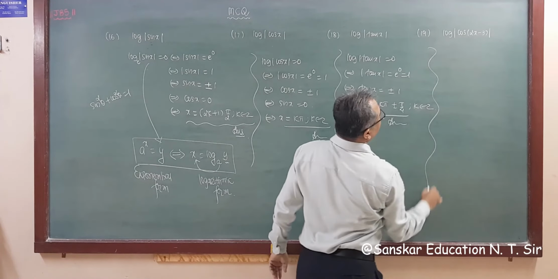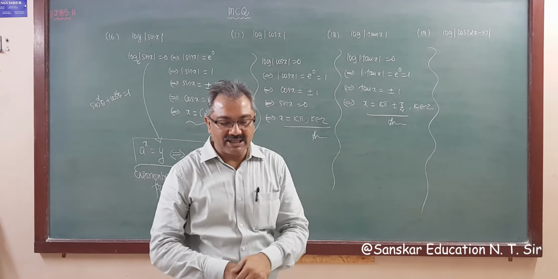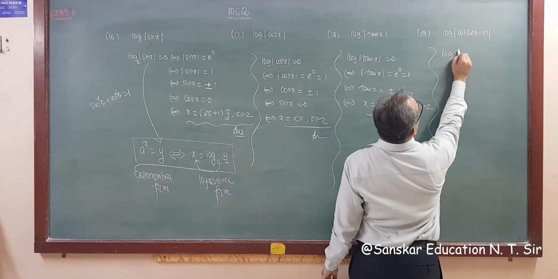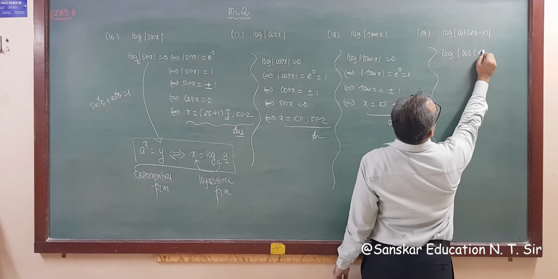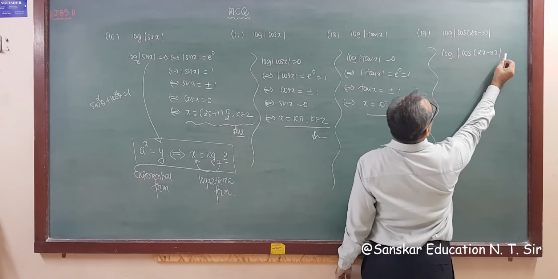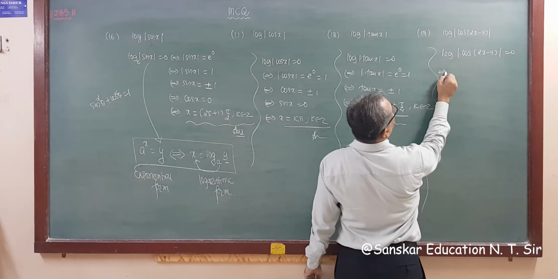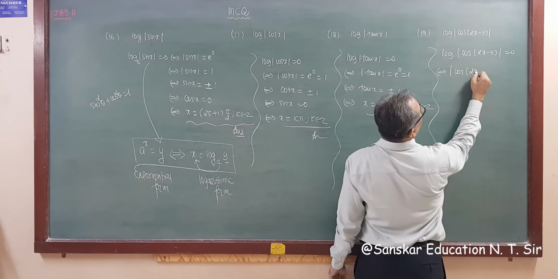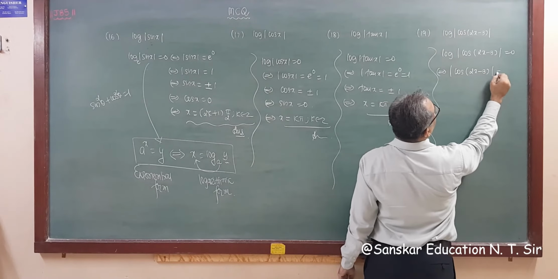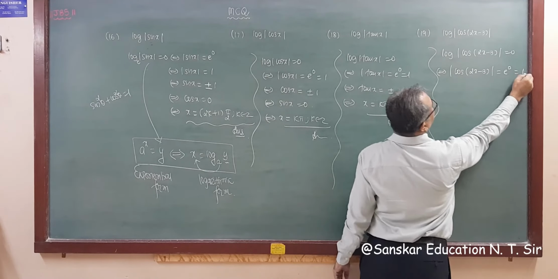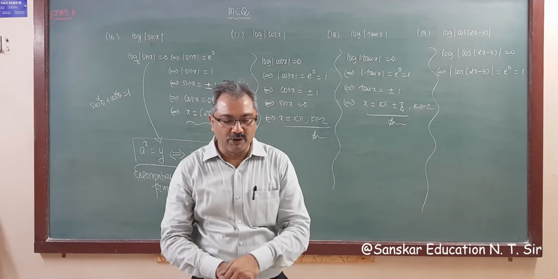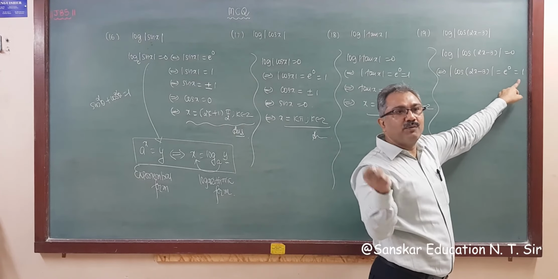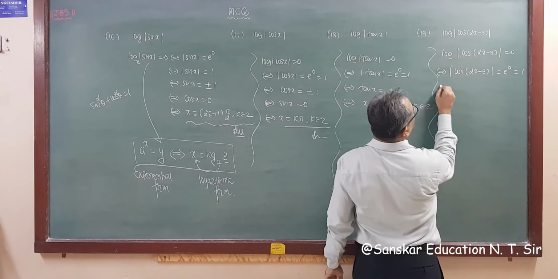Now the next question is log mod cos of twice x minus 3, right? So this is given, log mod cos of twice x minus 3 is equal to 0. This implies modulus of cos of twice x minus 3 is equal to e raised to 0, that is 1. So if we remove the modulus, then what do we get?